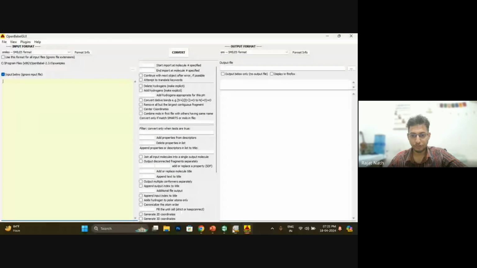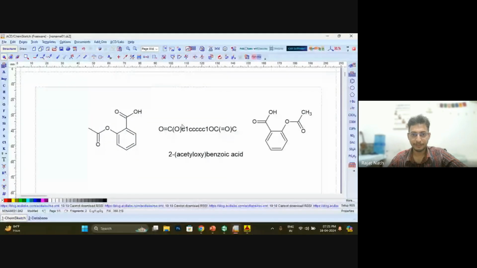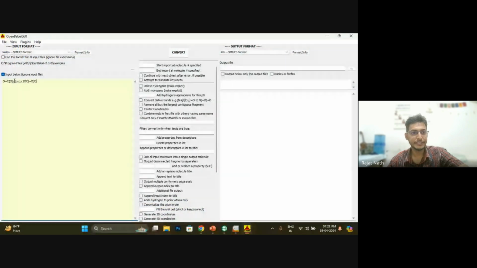I will copy this SMILES, go to OpenBabel, paste it, give a space, and write down the file name. But remember, there should not be any space. If there is a two word name, you should use an underscore or dot.